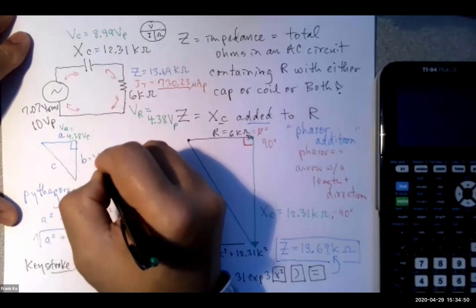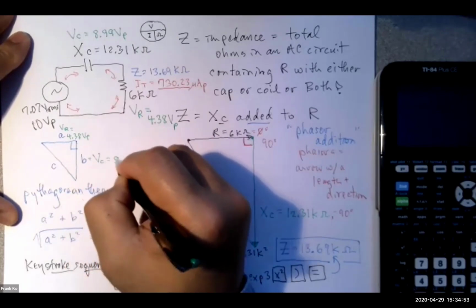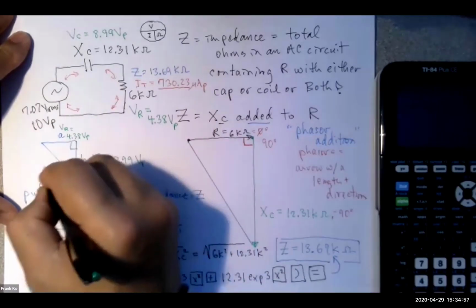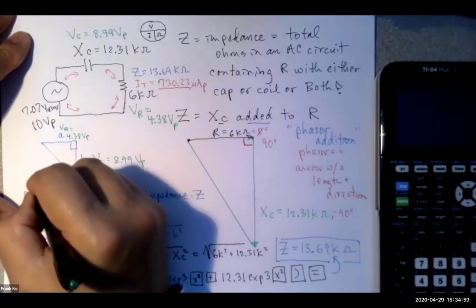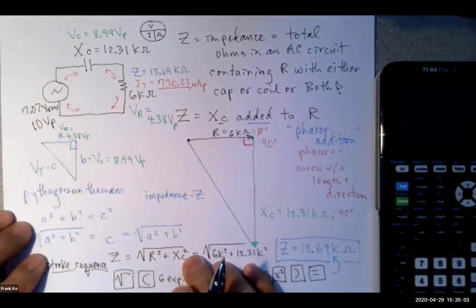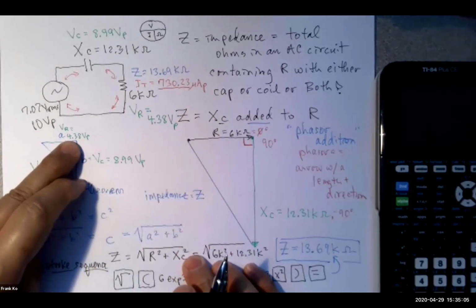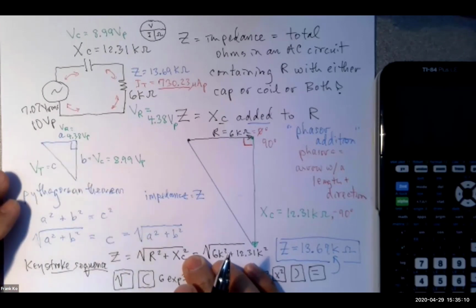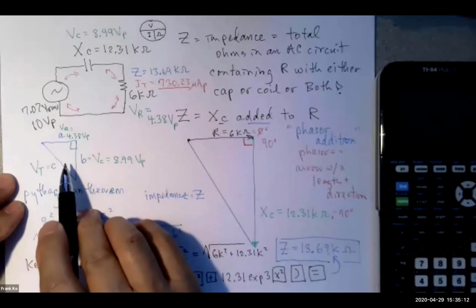This will be equal to my VC of 8.99 volts peak. So what I'm looking for, my hypotenuse, will be V total. This is interesting. I'm adding this number to this number, but I can't add them straight up with each other because they're not in phase.